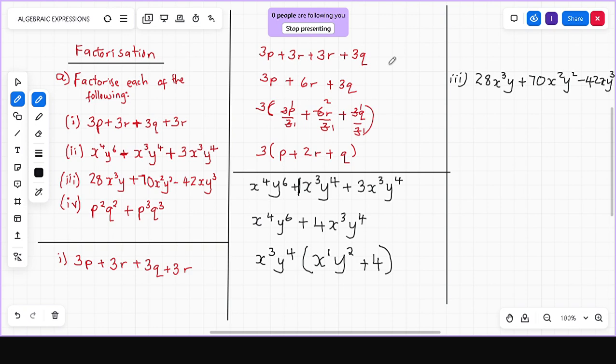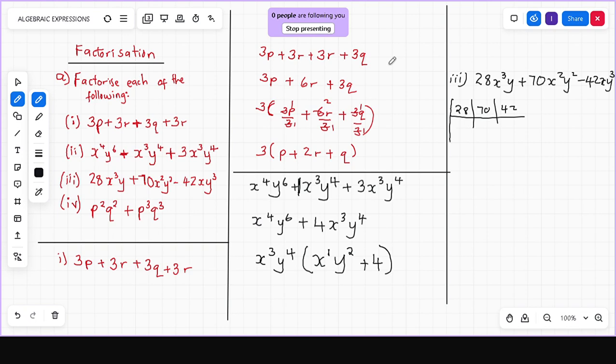Now you got 28, 70 and 42. We need to find the GCD of 28, 70 and 42, the number that can divide all through.